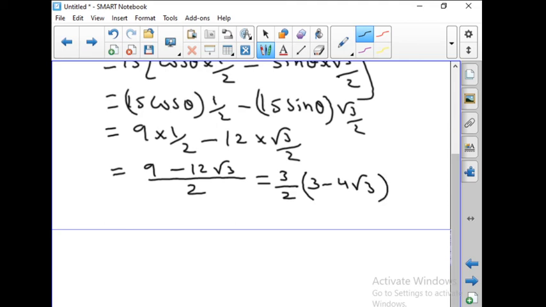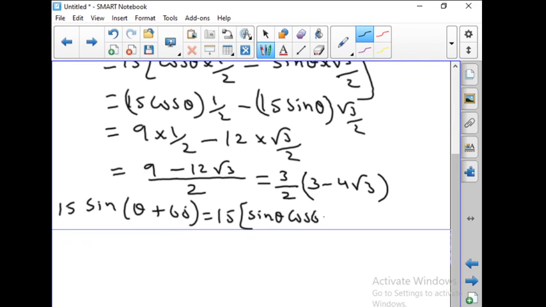So, 3 by 2 into (3 minus 4 root 3). Then we have to find similarly 15 sine (theta plus 60 degrees). So what is this? 15 into sine theta cos 60 plus cos theta sine 60.